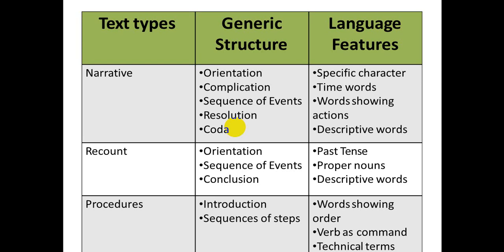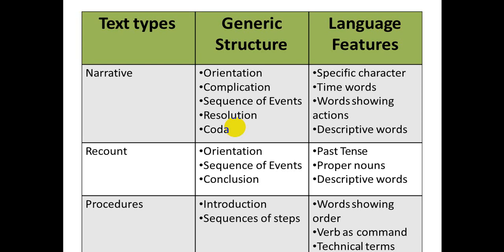Orientation means that when you analyze narrative text types, you should be aware of something new, because it is oriented by the writer to the reader. Complication means the story can be complicated and the events are sequenced one by one. Then resolution and coda. Coda, you can say, is the conclusion.